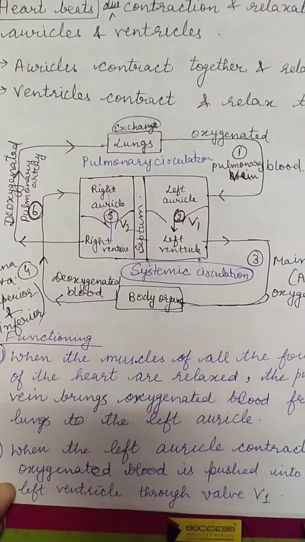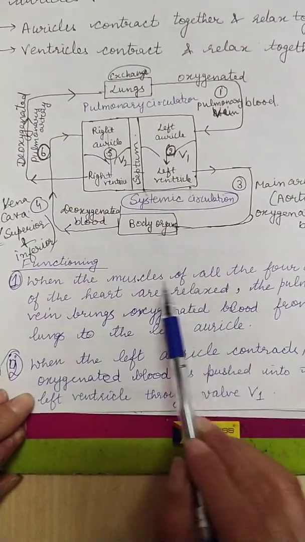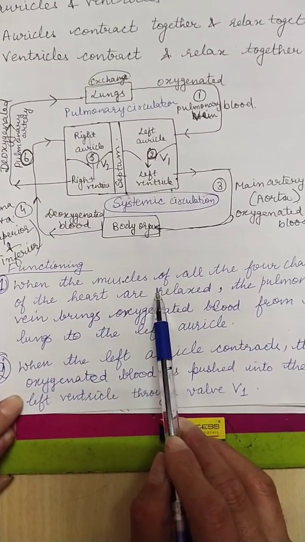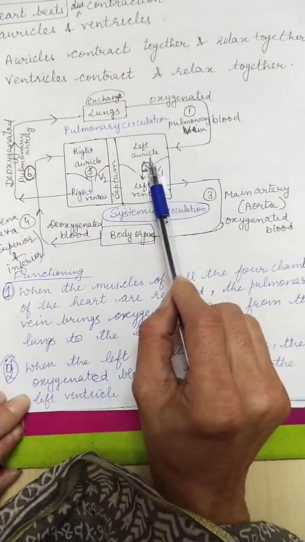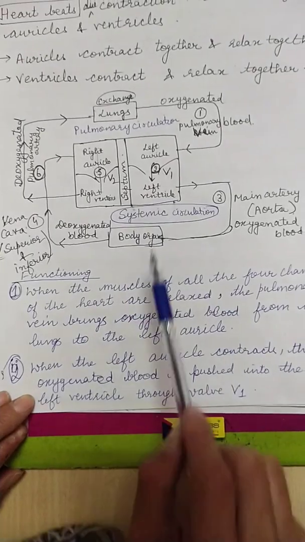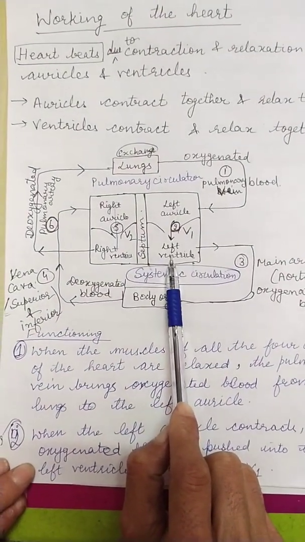Now again look at these steps. When the muscles of all the 4 chambers of the heart are relaxed, the pulmonary vein brings oxygenated blood into the left auricle. When the left auricle contracts, the blood is forced into the left ventricle.